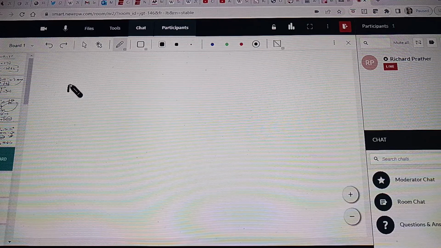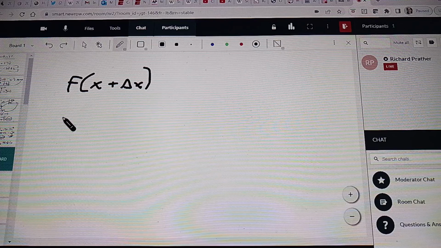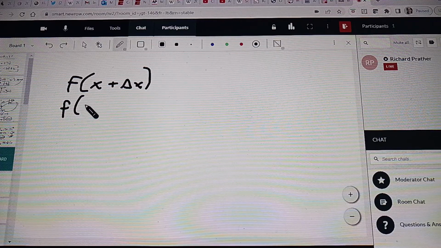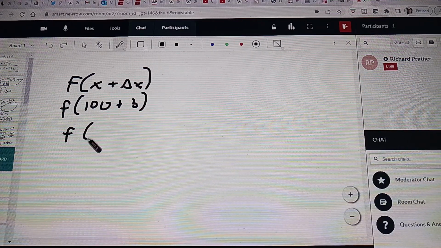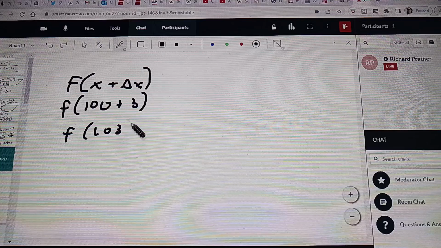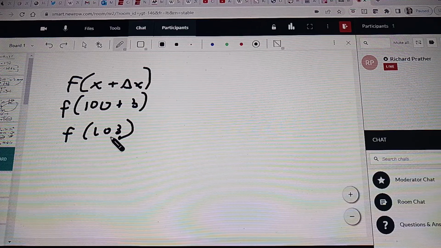So what's actually going on here is you're doing f of x, and then you want to add a little bit of change in x. So I want to line this up with f of 100 plus 3, like this. That's how the 103 happened. F of 103 could be written as f of 100 plus 3, because 100 plus 3 is 103.